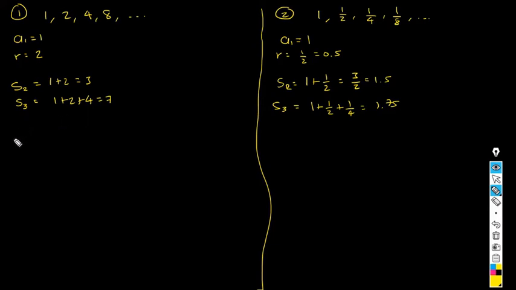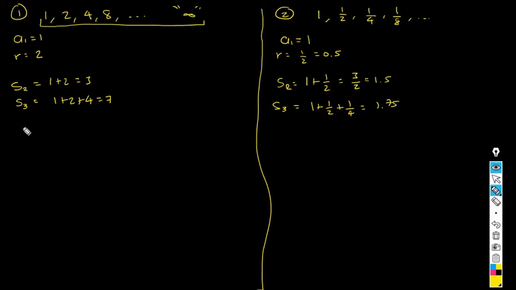Okay, now here comes the important question. What if somebody asked you not to sum the first two terms of this sequence, not to sum the first three terms or the four terms, but what if he asked you to sum all of them up until infinity? All of them. Completely all of them.